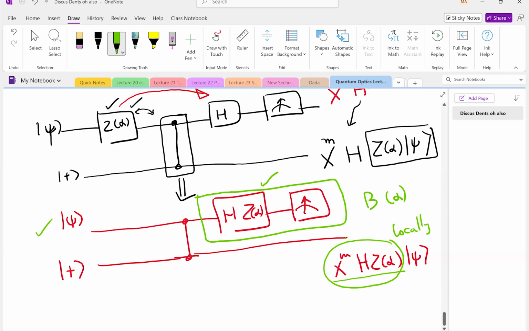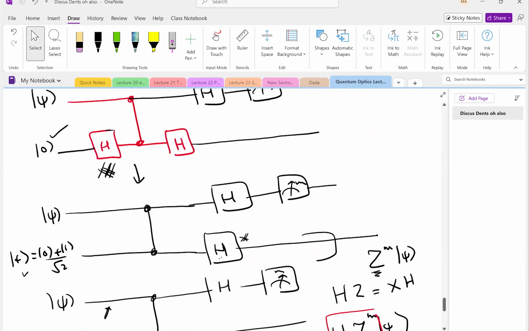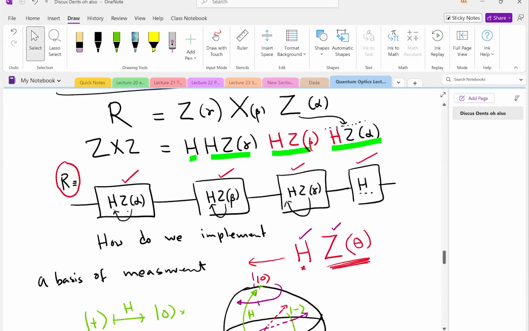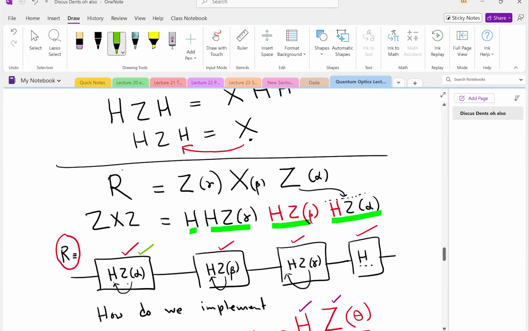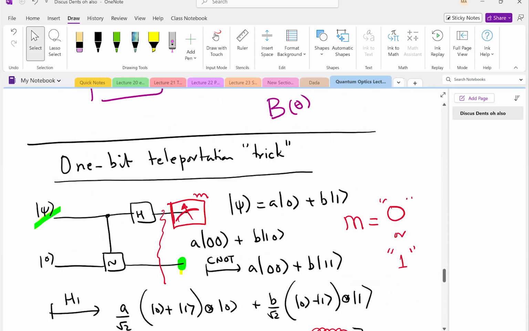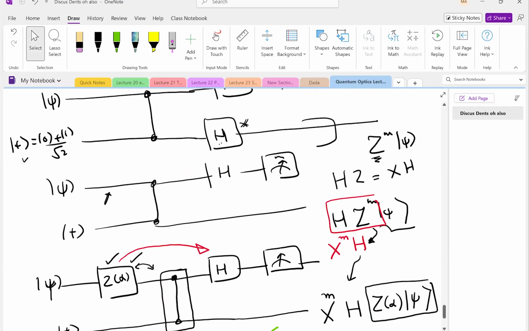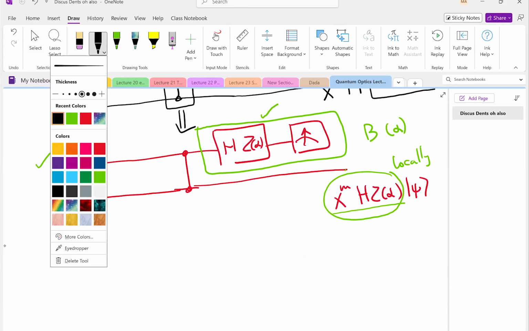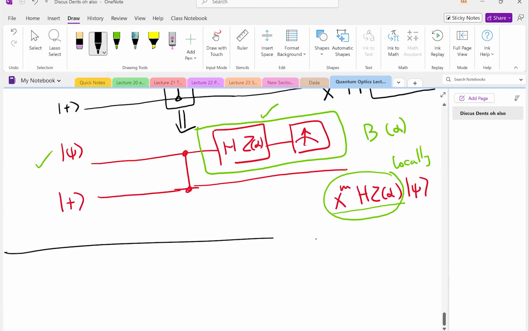So what you really need to do, if you would like to do an arbitrary rotation of this kind, you would need an HZ alpha, HZ beta, HZ gamma, followed by an H. And the manner in which you can achieve this really is through a circuit of this kind. And this is just going to be my last point over here.